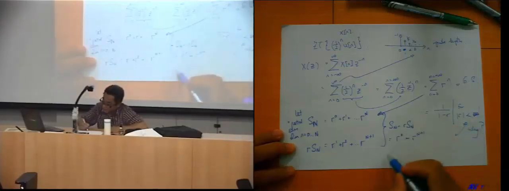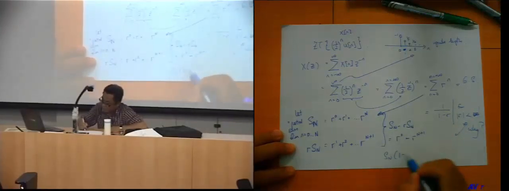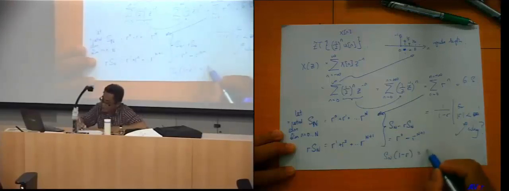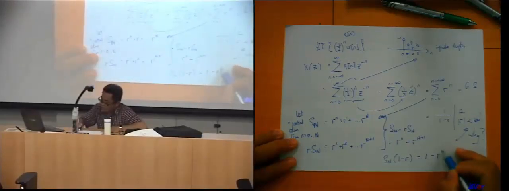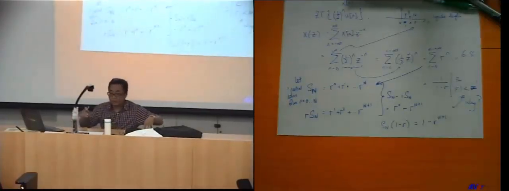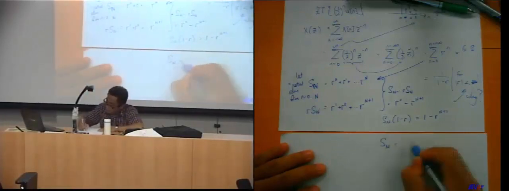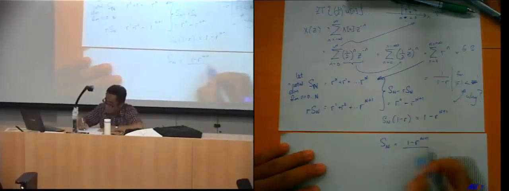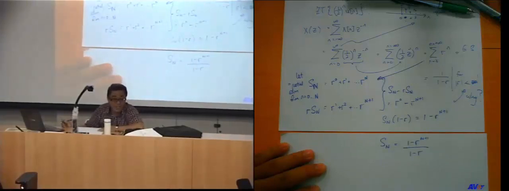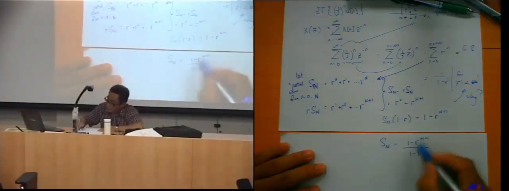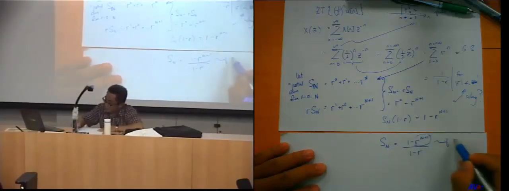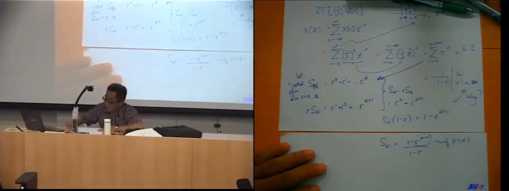Now I will do S_N times (1 minus r) equals r^0, which is what? 1. Agree so far? And only one more step to go. S_N equals? Correct? Now, the only difficult thing is how to remove this guy. If r is less than 1, what happens to r^(N+1) when big N tends to infinity?